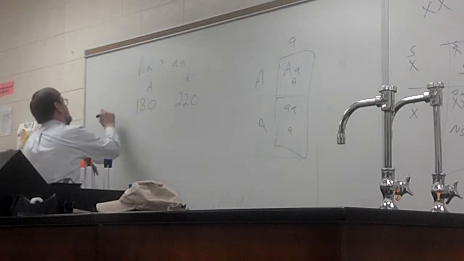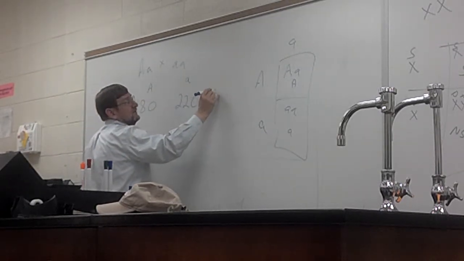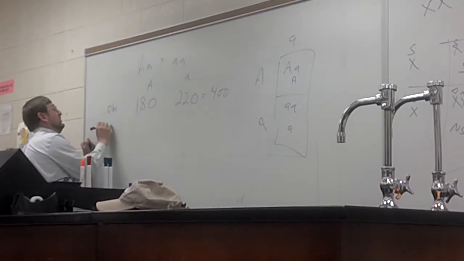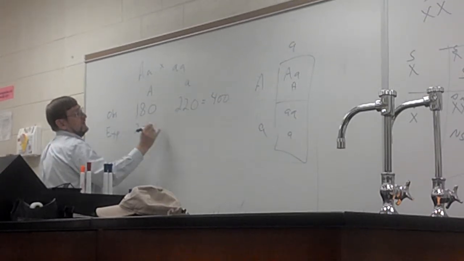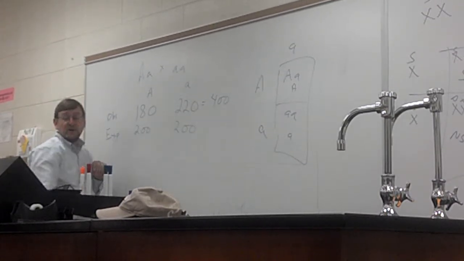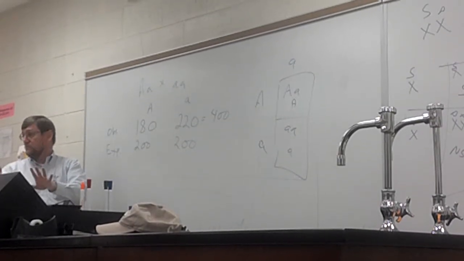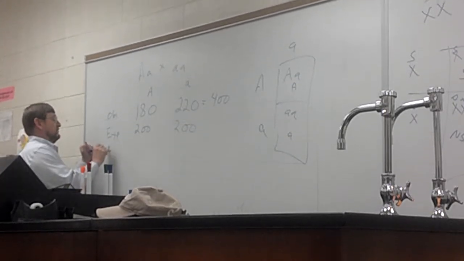If I add these up, again, this is the observed, add those together and I get what? 400. In a perfect 1-to-1 ratio, what would I expect? 200 of each. So I should take my 400, perfect 1-to-1 ratio, equal numbers, so 200, 200 is my expected.